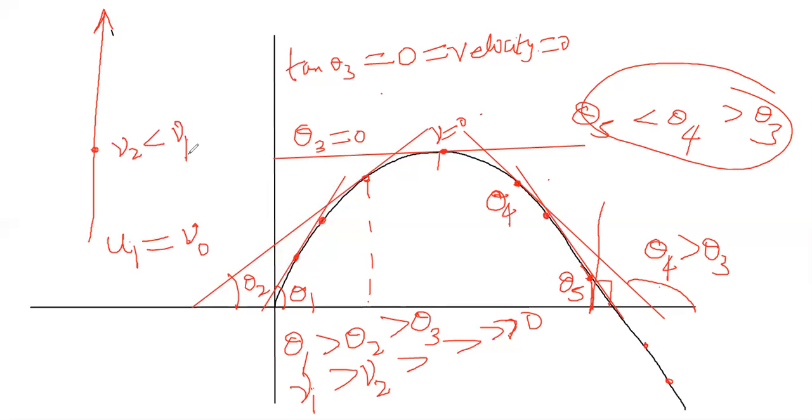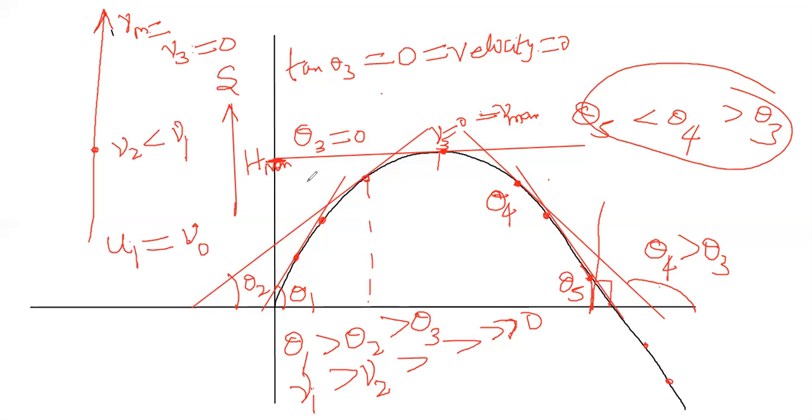Then at the maximum height, V max, it is nothing but V3. It becomes 0. Velocity at the maximum height became 0. This is the maximum height, H max, because this is displacement on the y-axis.